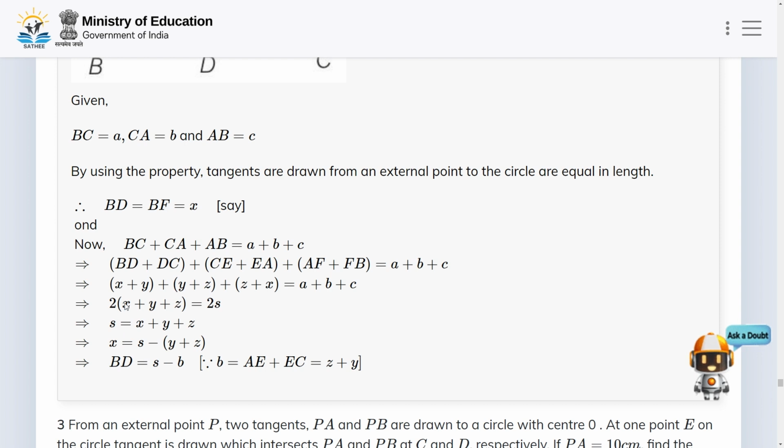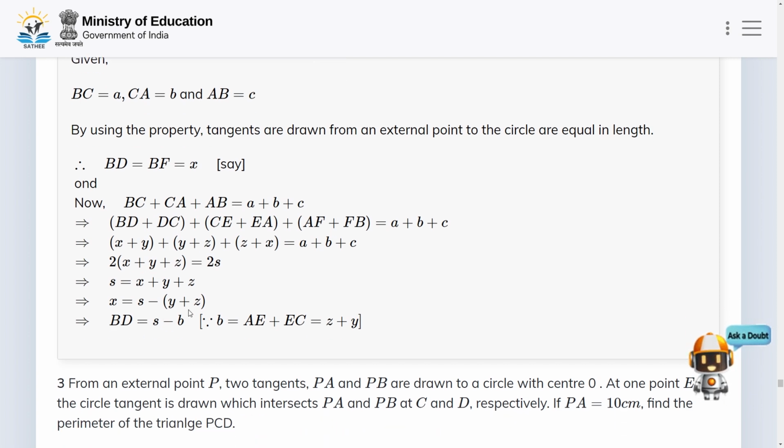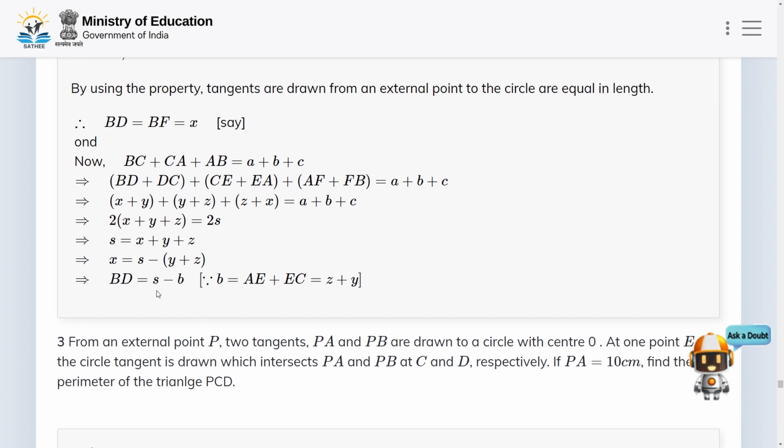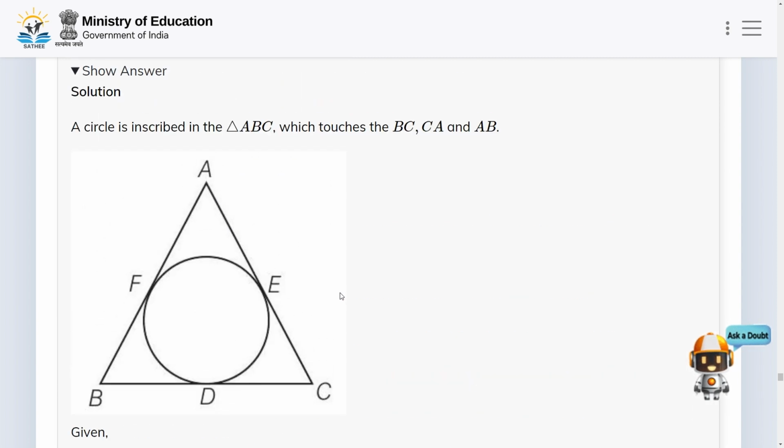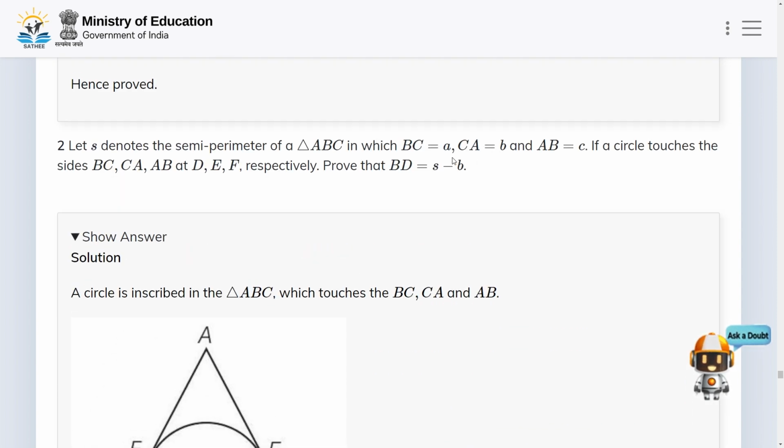It implies x plus y plus y plus z plus z plus x is equal to a plus b plus c, so 2 times x plus y plus z is equal to 2S, and it implies S is equal to x plus y plus z. Then x is equal to S minus y plus z. So BD is equal to S minus b, since b is equal to AE plus EC, which is z plus y. Hence proved.